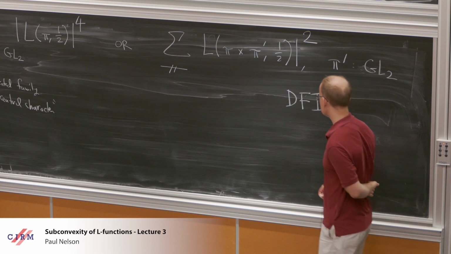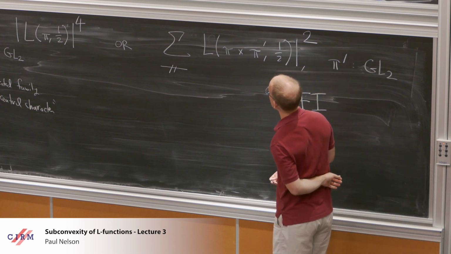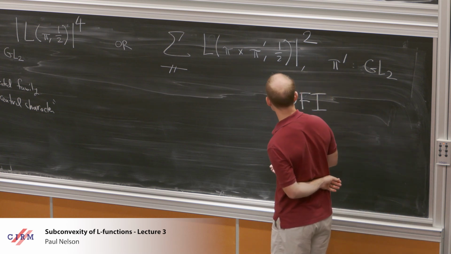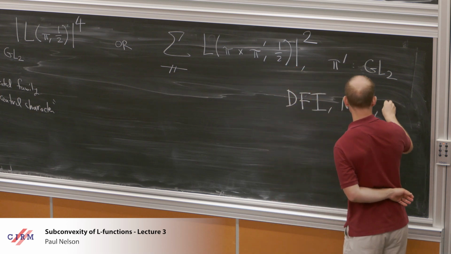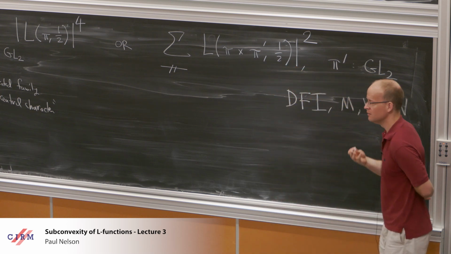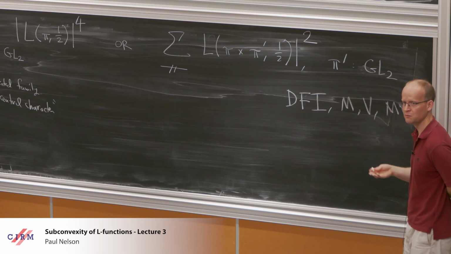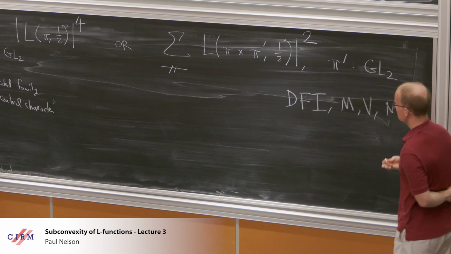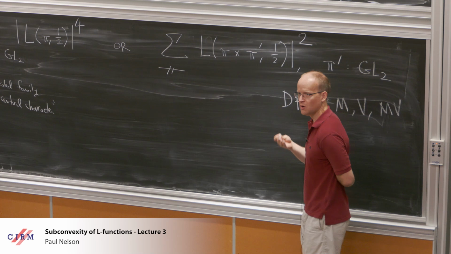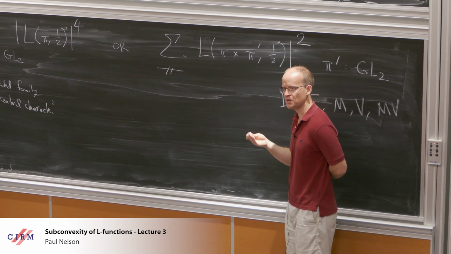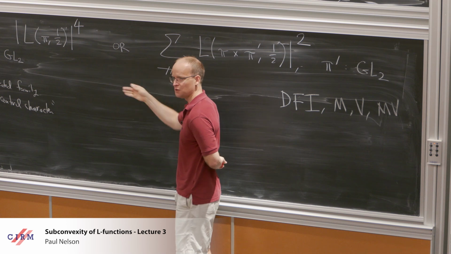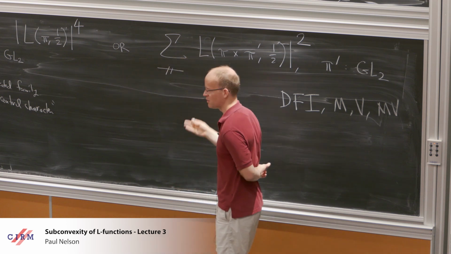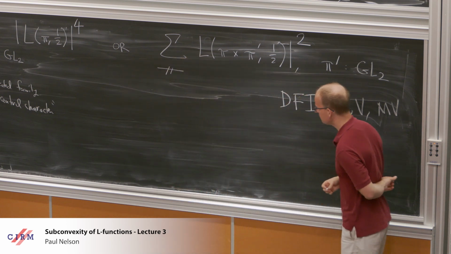Then there are also the papers of Venkatesh and then Michel and Venkatesh that revisit this from another perspective. For example, the fact that we know how to do subconvexity for GL2 in general, the key examples all follow from this method, which thus far is specific to GL2.